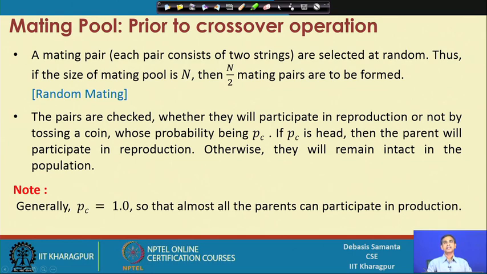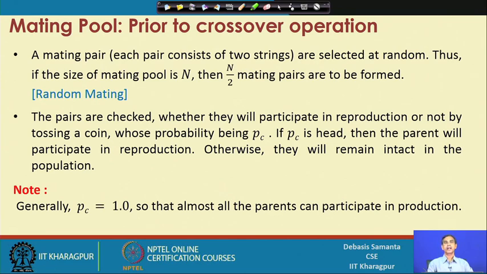Now, crossover is part of reproduction, and prior to reproduction the mating pool is to be created. The basic idea of mating pool creation is that if we select NP individuals, from there the mating pairs are to be selected. Usually it is a random procedure: two individuals are selected at random and considered as one mating pair.